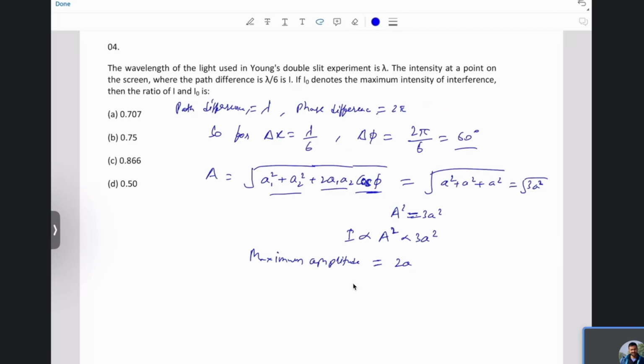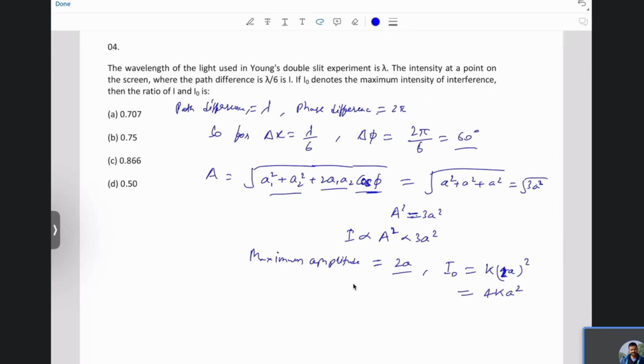So the maximum amplitude is just the addition of the two individual amplitudes, and so I naught is k times 2a square, which is 4ka square, correct?